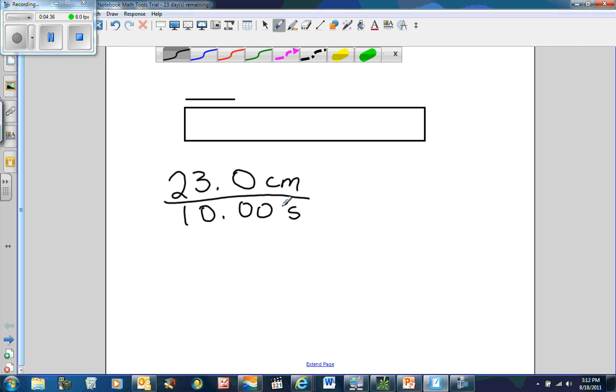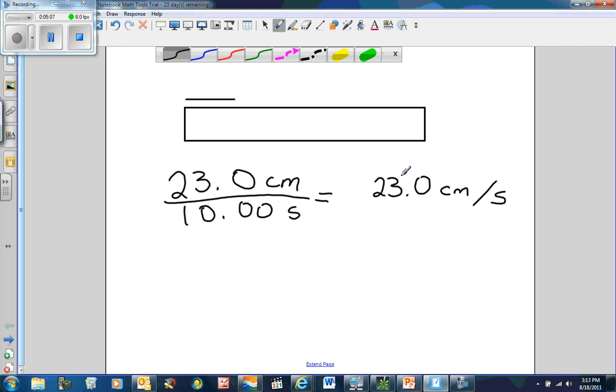Well, if I divide those two numbers, then I get what we call velocity. And so the velocity of that car would be 23, would be the math answer. If you took this in your calculator and divide it, you'll get 23. But the correct measurement for significant figure answer is going to be 23.0 centimeters per second.